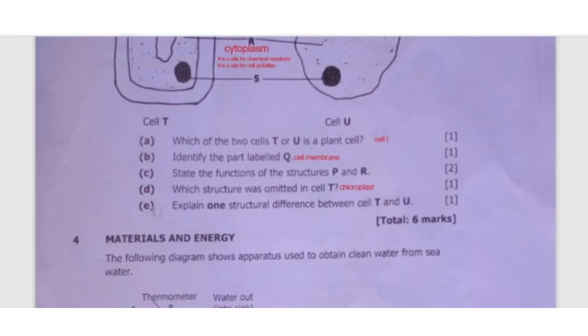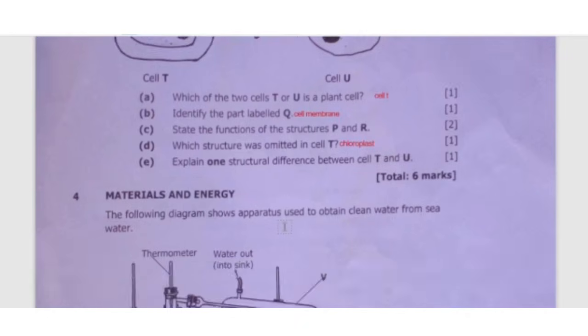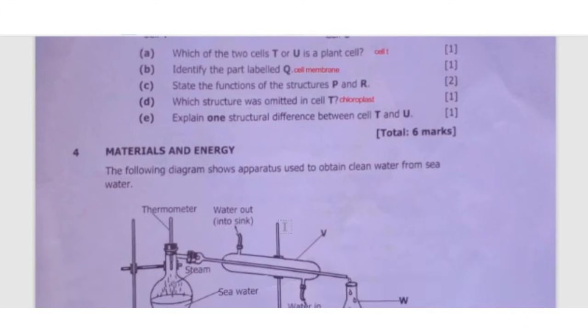We come to E. Explain one structural difference between T and U. This one, there are three structural differences. I'm going to write two, but you know that there are three. So let me start with one.